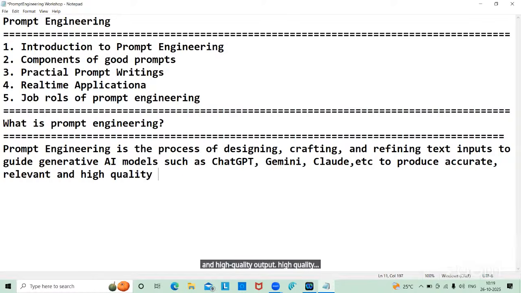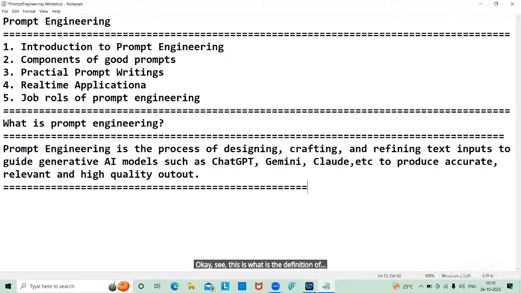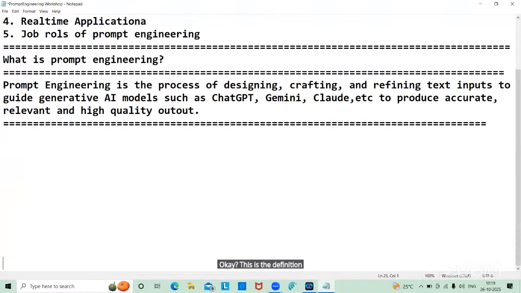This is the definition of prompt engineering.